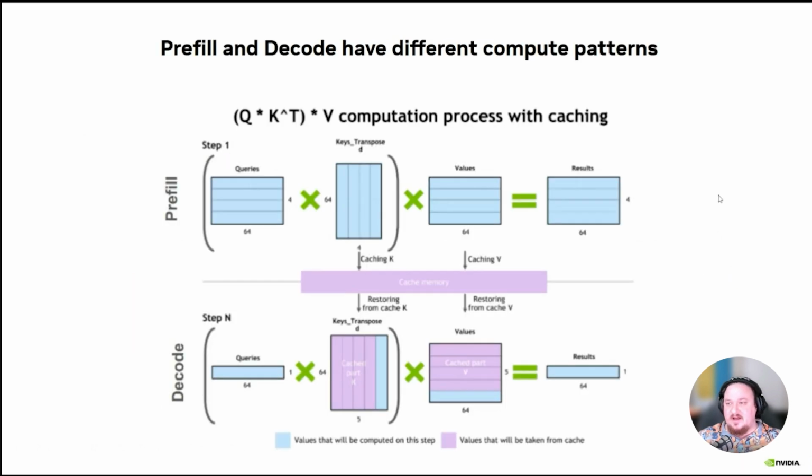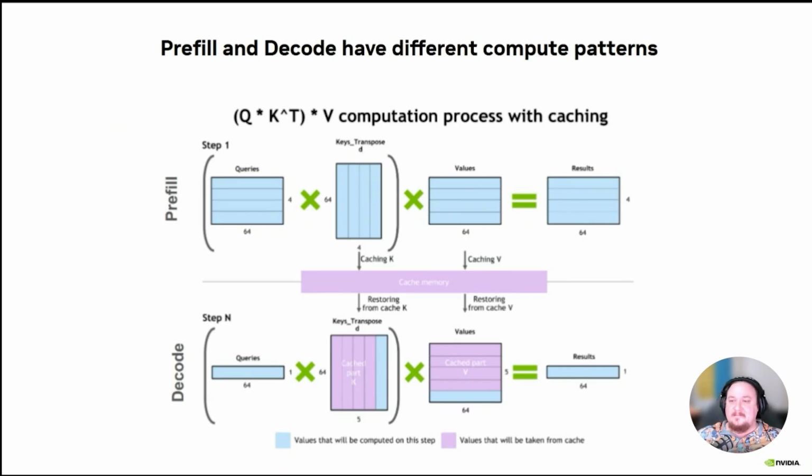Now, we also have, of course, different compute patterns for prefill and decode. Skipping over all of these beautiful matrix diagrams, the idea is that our prefill is a different method of compute than the actual decode strategy.